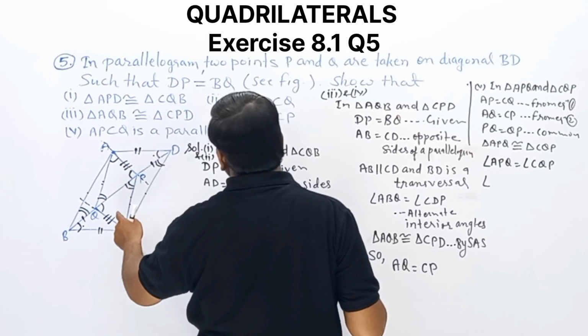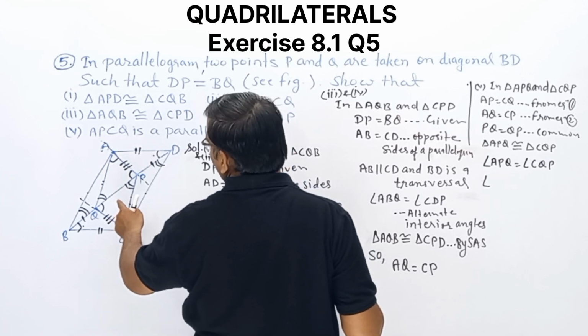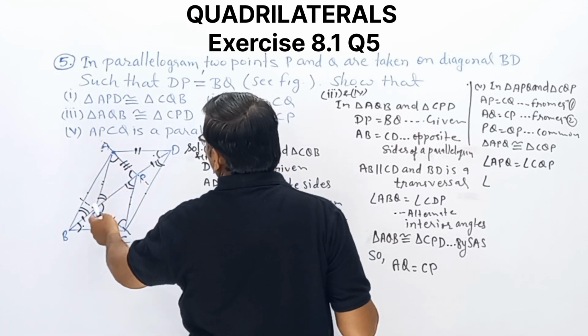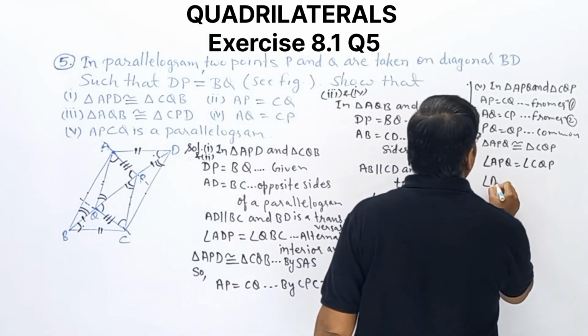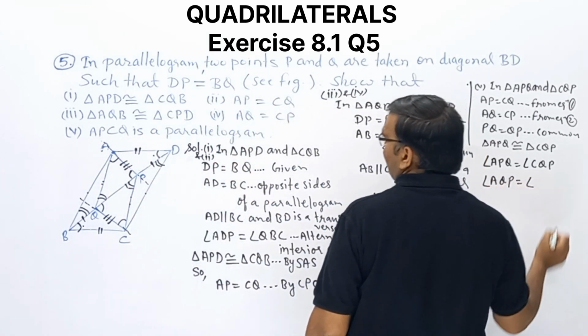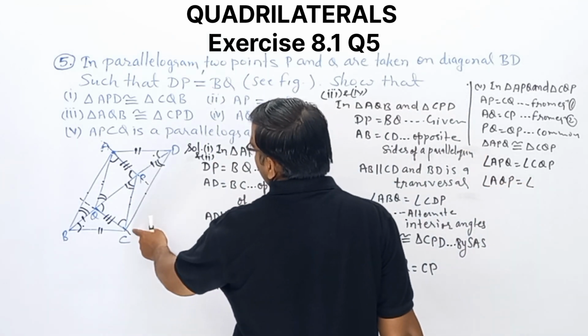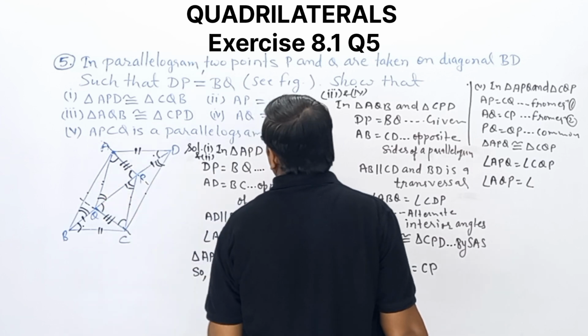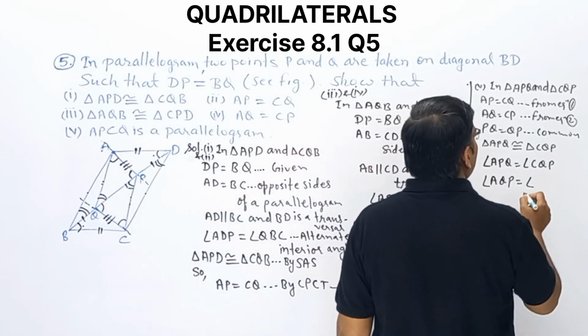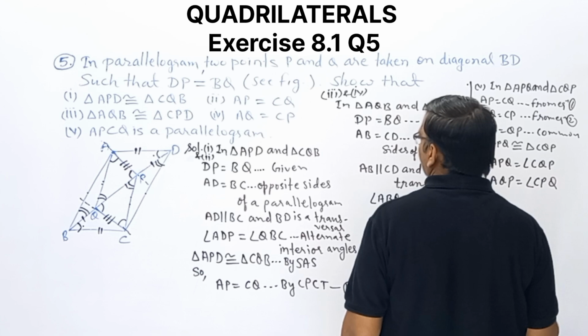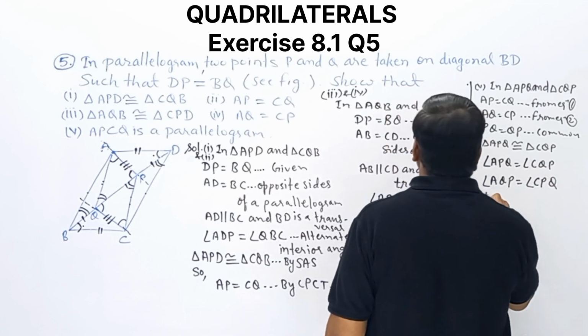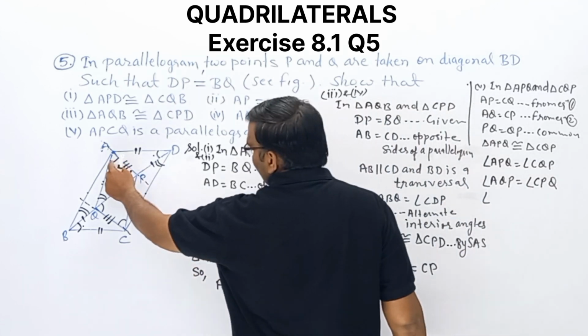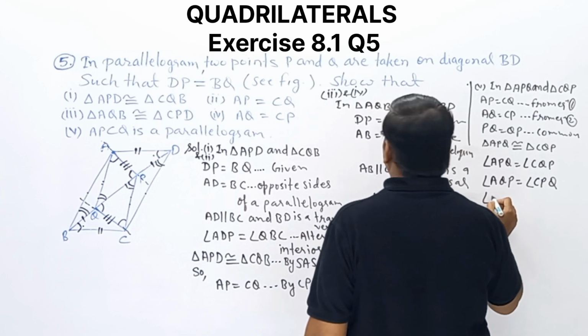Alternate interior angles. Clear? Next one, AQP equal to angle CPQ. Clear? And angle, automatically this angle is remaining, this will be equal to this one.